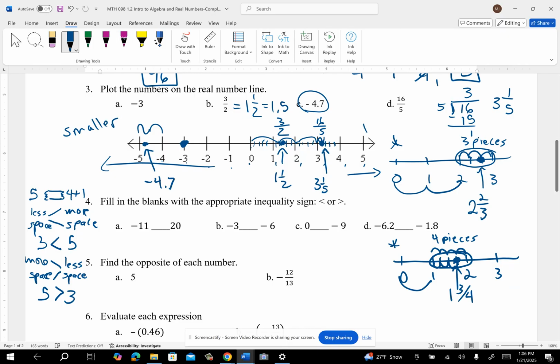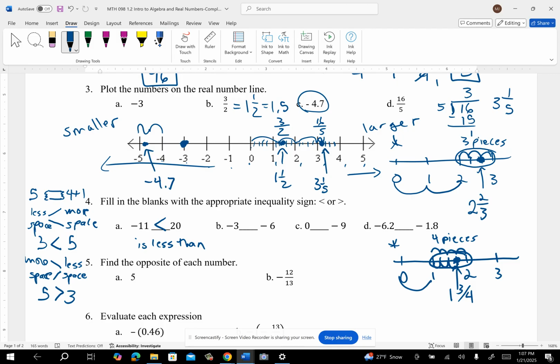Further to the right is the larger number. Okay? Make it point to the smaller number. So wouldn't -11 be further to the left than 20? So -11 is less than 20. Make the inequality symbol point to the smaller number.